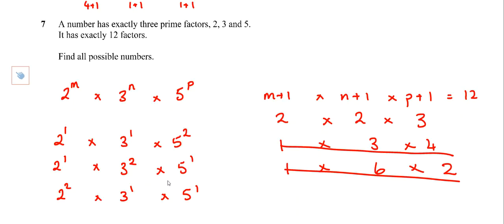So what we actually want is to find all the numbers, so we need these values then. Those values, you can do them in our heads now. 2 times 3 times 25.